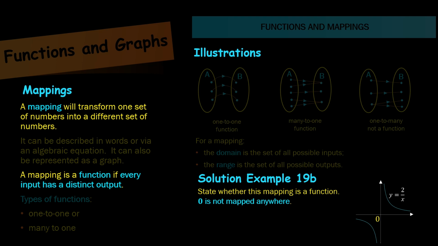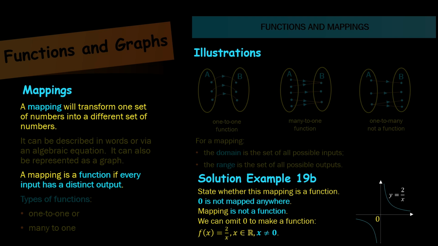Therefore, the mapping is not a function. We can omit 0 in order to make a function. So we can define f of x as f of x equals 2 over x for x in the real numbers and x not equal to 0.